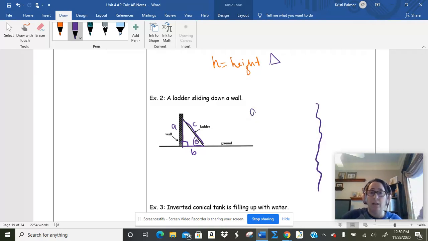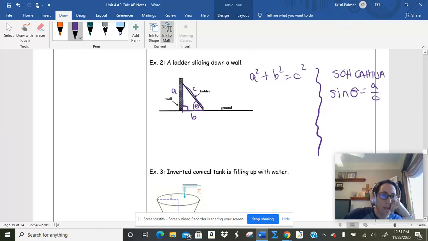I can think of my Pythagorean theorem, and I can think of my SOHCAHTOA. Maybe I'll just say sine for this one, because we don't want to go through every single one. So sine of theta is opposite over hypotenuse.